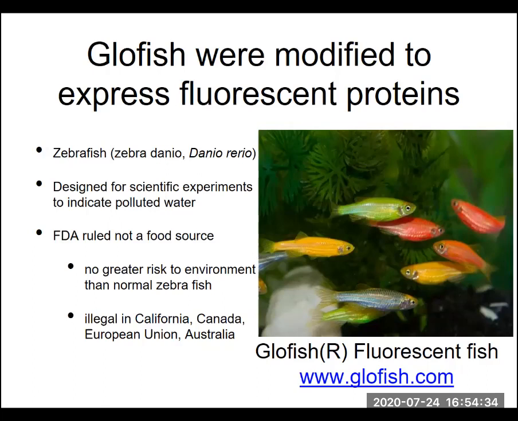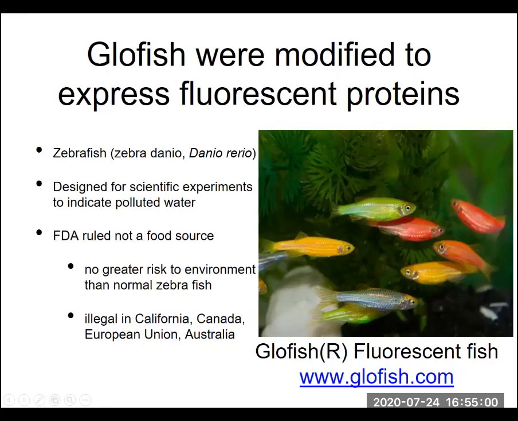And they basically said that these genetically modified glowfish, these fish that are modified, kind of similar to that tobacco plant with the luciferase gene in it, now we have fluorescent zebrafish, pose no greater risk to the environment than normal zebrafish. Both of them are potentially going to be an invasive species if we let them out into the wild, but they're pretty to look at.